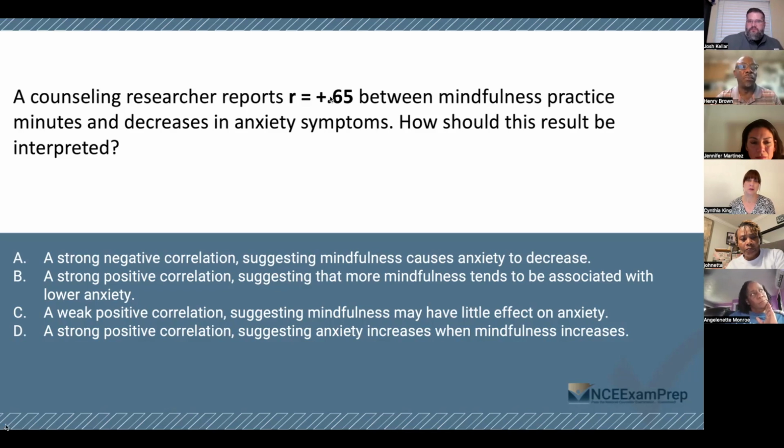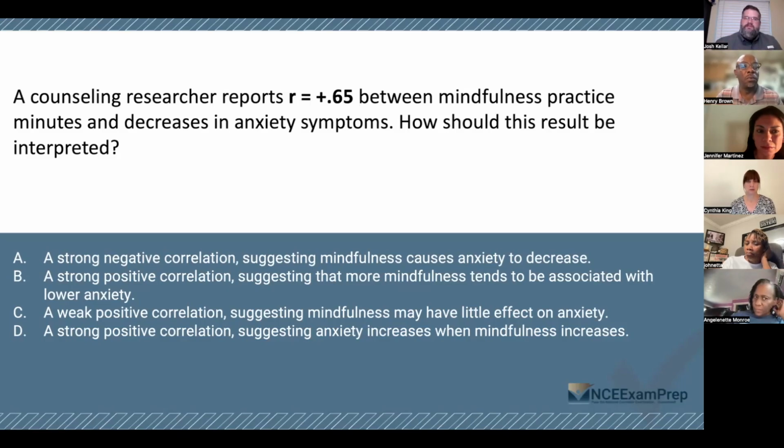We know that if we're just going off of what the number says, it's a strong positive, right? Yes. Because what is increasing here? The mindfulness practice. If we know this is a strong positive, what else is increasing, because they move in the same direction?